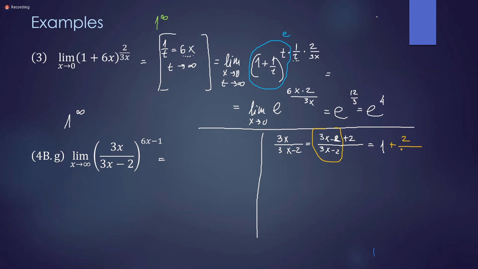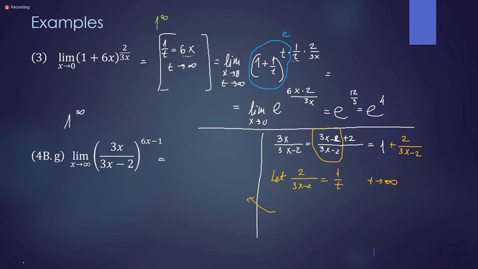Now the next thing is, now we will substitute 2 divided by 3x minus 2 by 1 over t. And we understand that if x tends to infinity, then t also tends to infinity. So now at this point, I can return back to my original limit and start working on that limit as x tends to infinity.